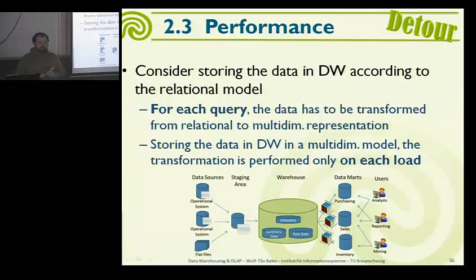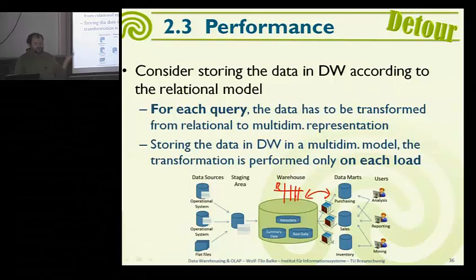If you store it in the data warehouse according to the relational model, so basically tabular data, that can be done. Then for every query, there has to be a transformation from the relational model to the multidimensional representation.